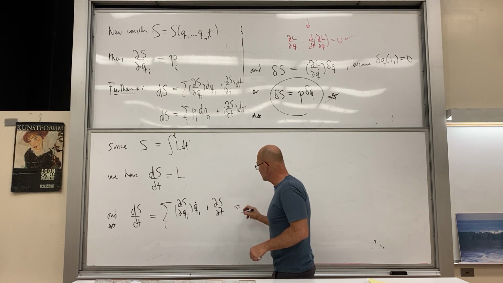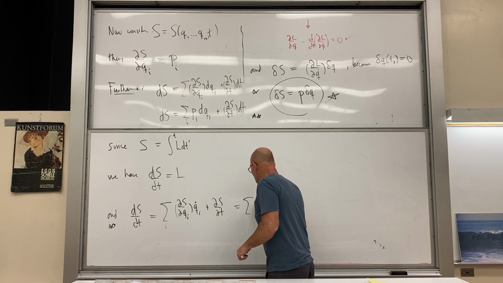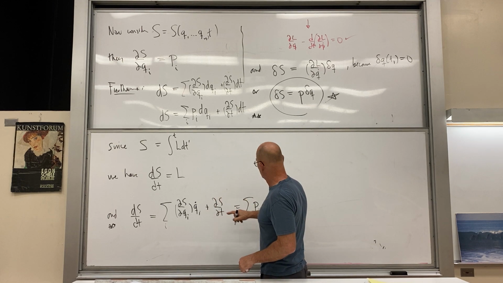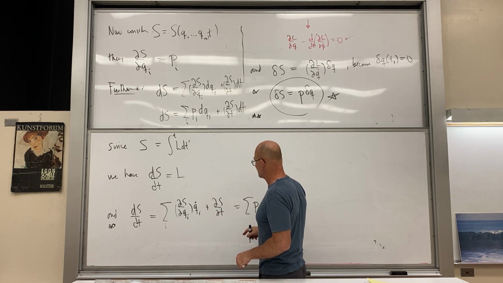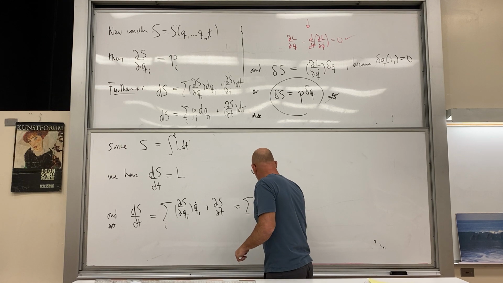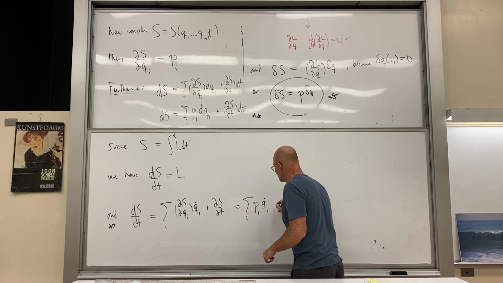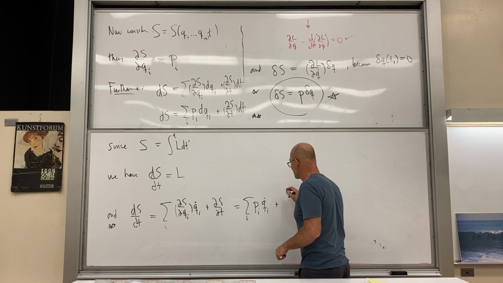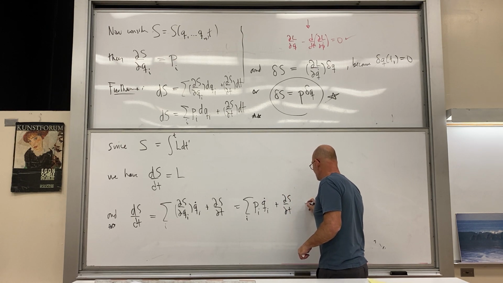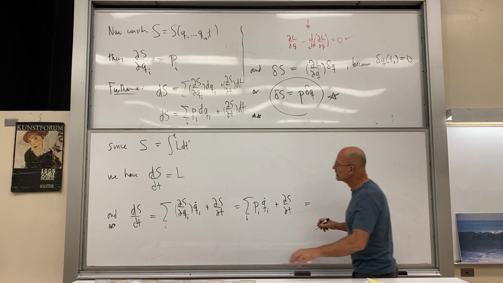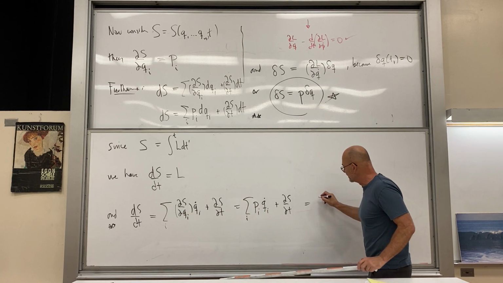Now the ∂S/∂qi, that's pi, so the sum of pi q̇i, and then outside here plus ∂S/∂t is equal to L.